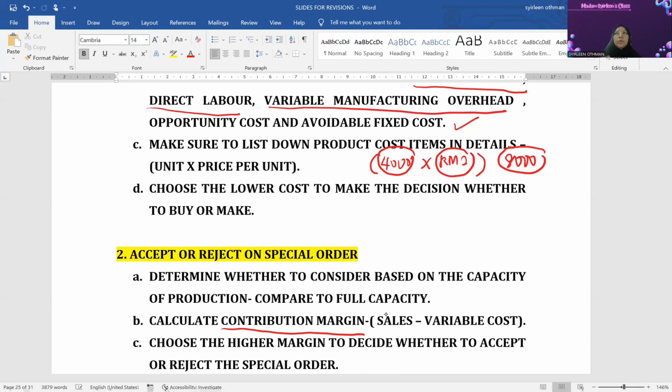So bila you buat accept or reject, kita tak akan ambil nilai yang paling rendah to do the decision. We'll take the highest value. Okay, so let's say in your accept column, okay, the total is bigger, okay, is more than the reject column. That means your decision will be accept. Tapi kalau it's vice versa, so your decision will be reject.